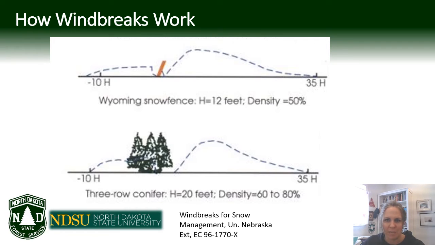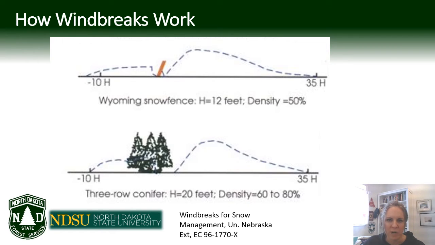The tree windbreak might take some years to reach this level of performance, but maybe 20 feet in height isn't its maximum height. If the windbreak will continue to grow taller, then we know that the windbreak effect will be felt a further distance from the windbreak.